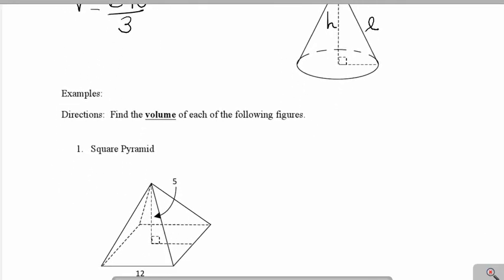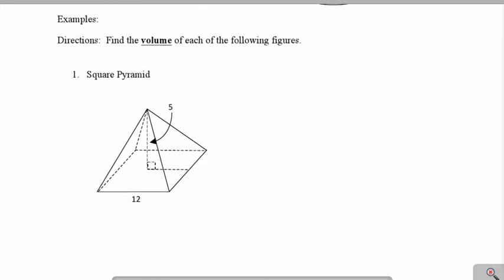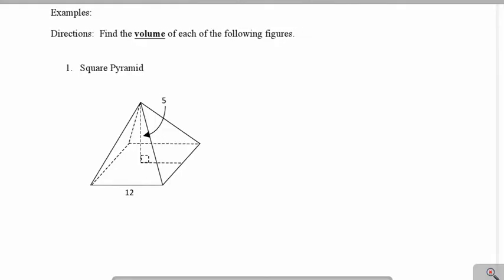In example 1, it says find the volume of a square pyramid. So to find the volume of this pyramid, I'm going to use that formula: area of the base times the height, and then divide that by 3. To calculate the area of the base, since it is a square-based pyramid, I'm going to use side squared.